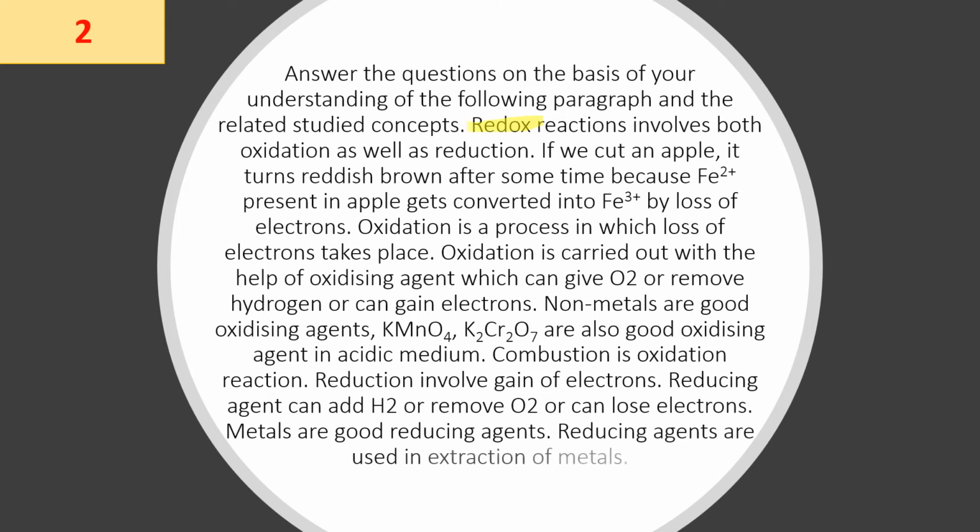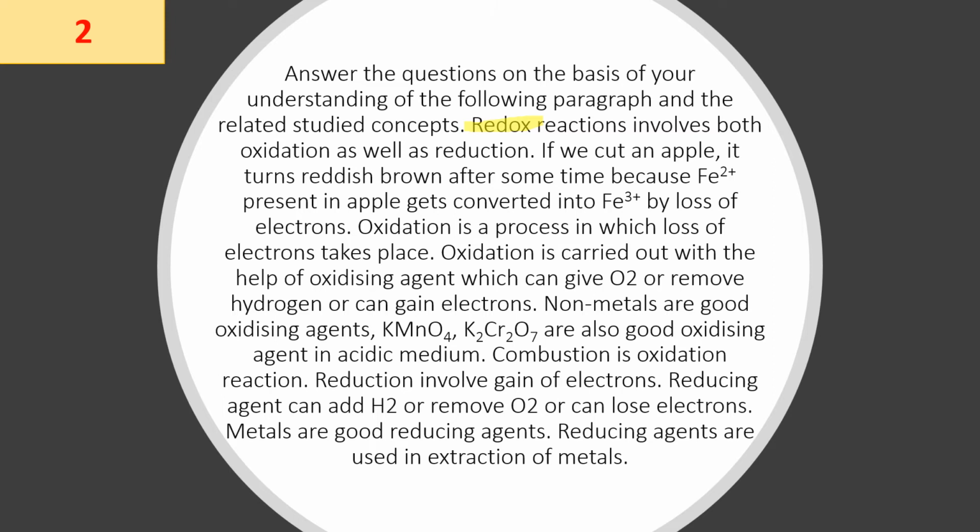If we cut an apple, it turns reddish brown after some time because Fe2+ present in the apple gets converted into Fe3+ by loss of electrons.